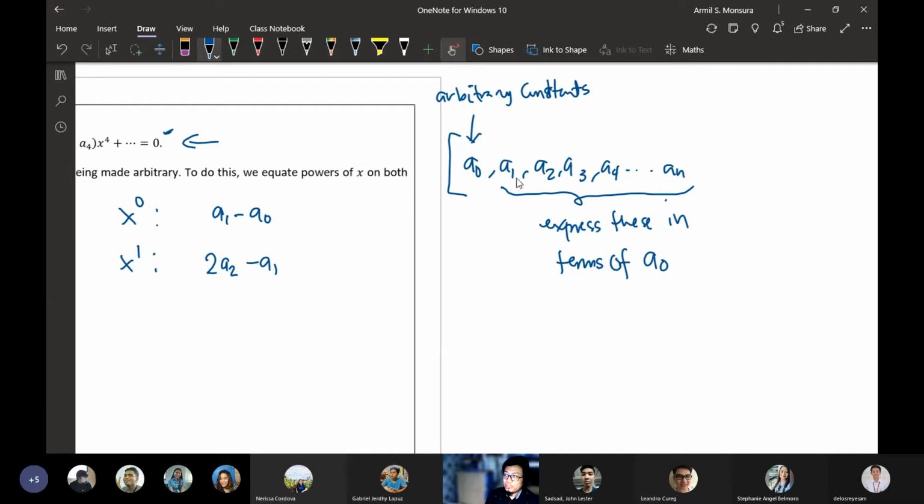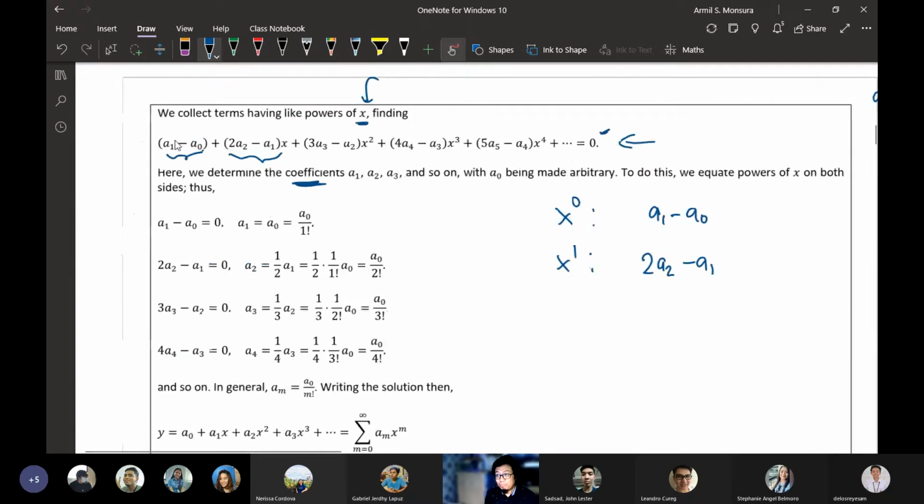So, i-express natin ngayon yung A1, A2, A3, A4, and so on in terms of A0, in terms of your arbitrary constant. Okay? And for you to do that, yun yung purpose kung bakit natin siya pinaghiwa-hiwalay term by term.